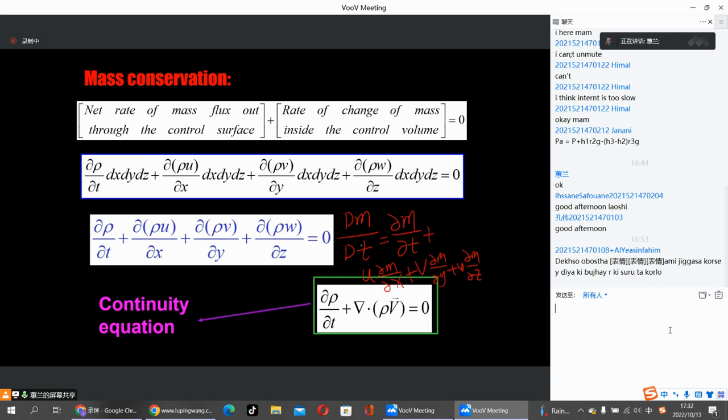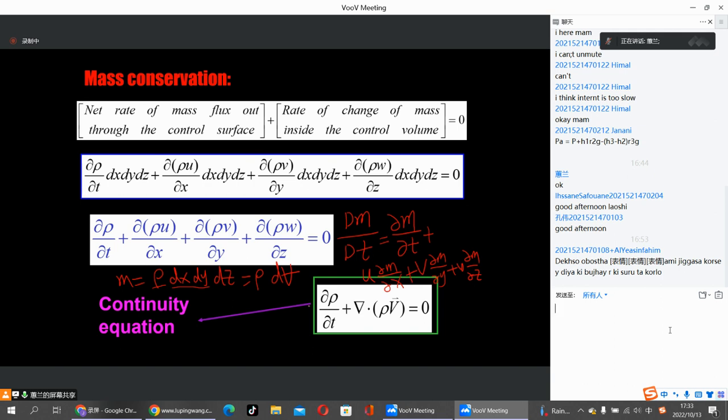And this is for the total derivative. And m is equal to rho dx dy dz, right? Mass is equal to density times volume.